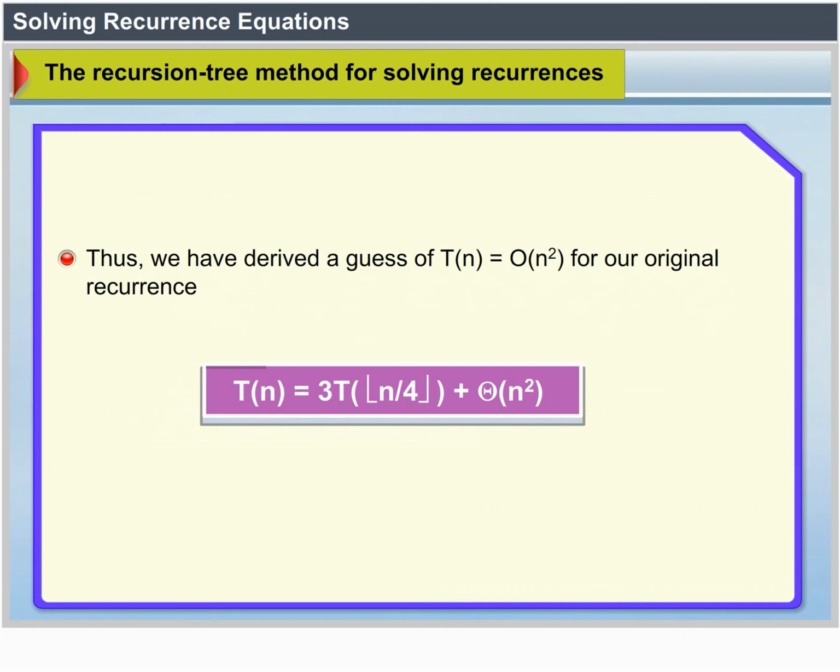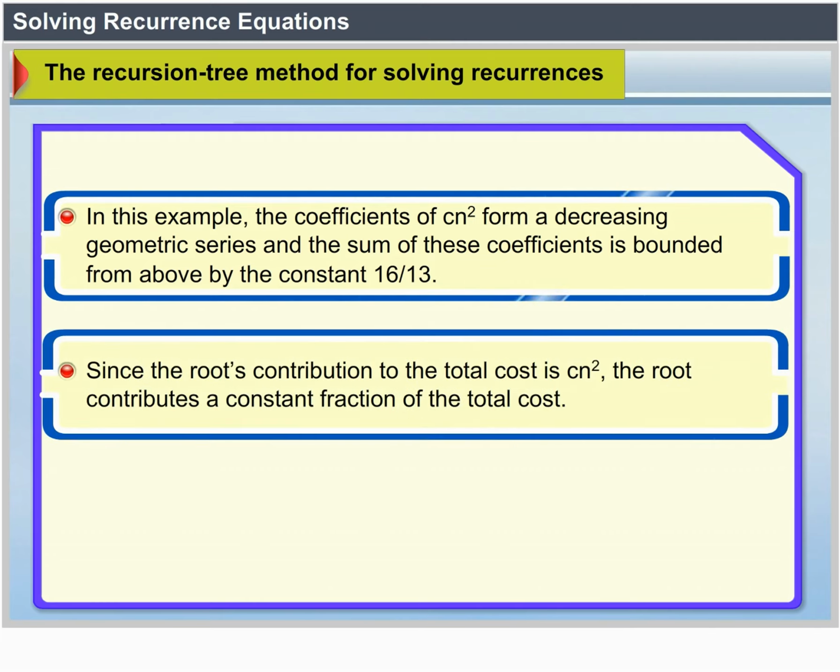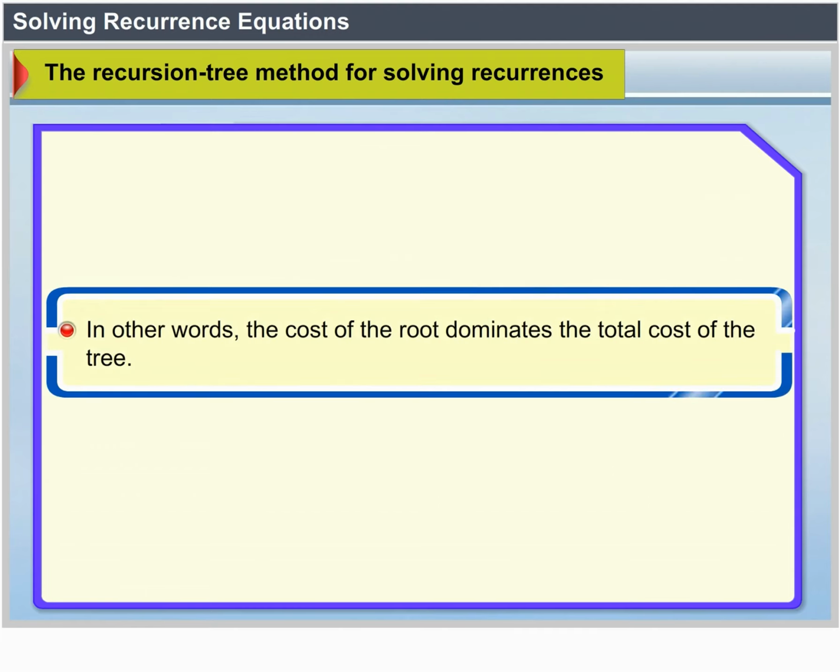In this example, the coefficients of cn² form a decreasing geometric series, and the sum of these coefficients is bounded from above by the constant 16/13. Since the root's contribution to the total cost is cn², the root contributes a constant fraction of the total cost. In other words, the cost of the root dominates the total cost of the tree.